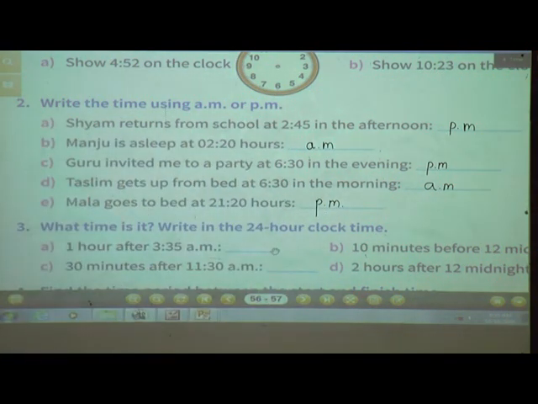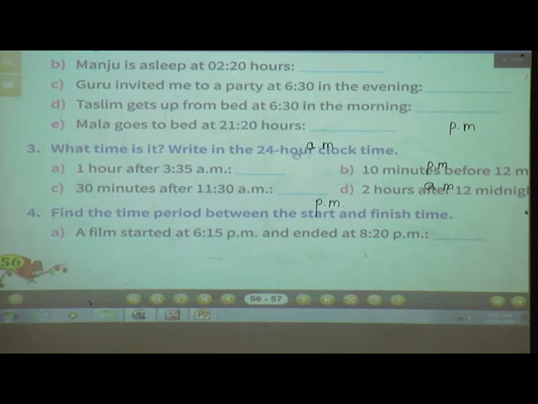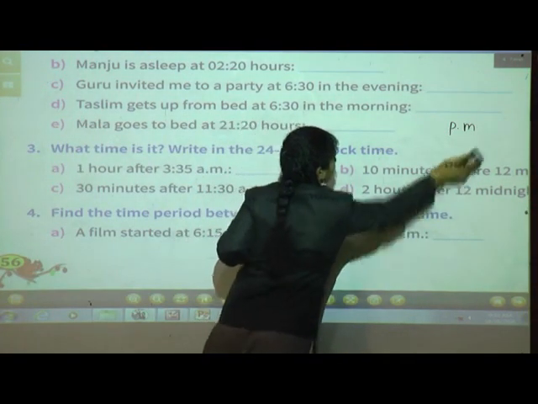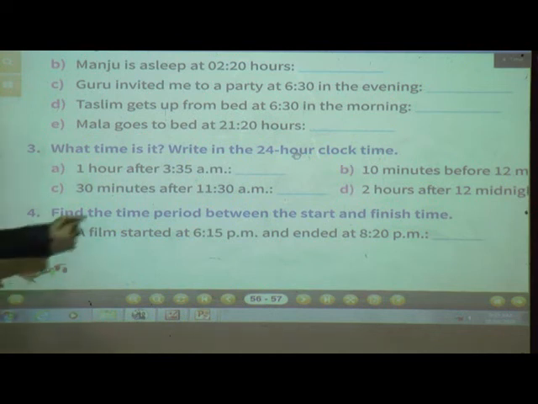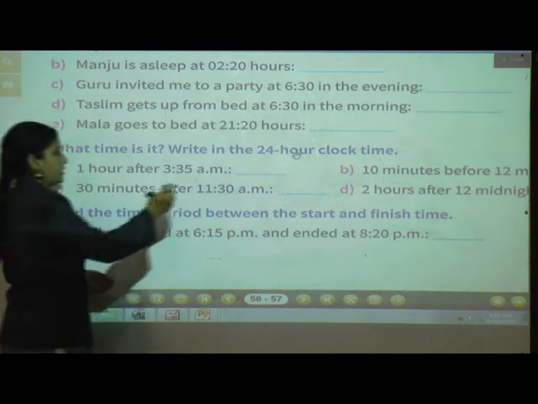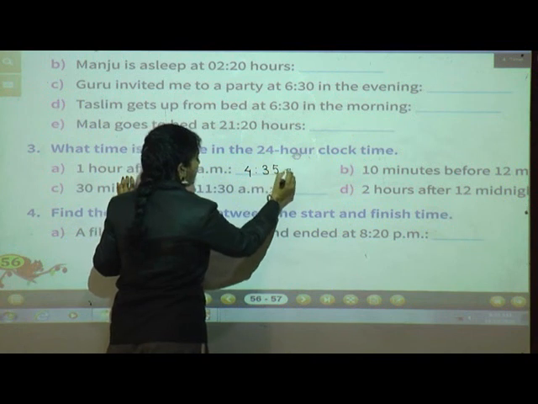Now next question. What time is it? Write in the 24-hour clock time. See the first one. 1 hour after 3:35 AM. What can we write here, students? Just add 1 hour, so 4:35 AM.